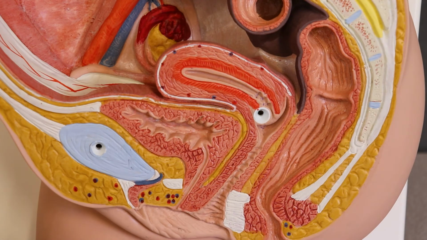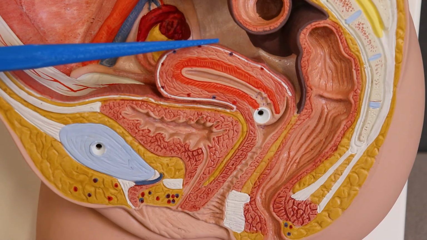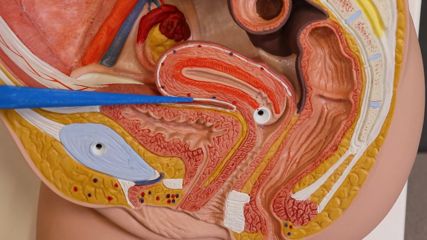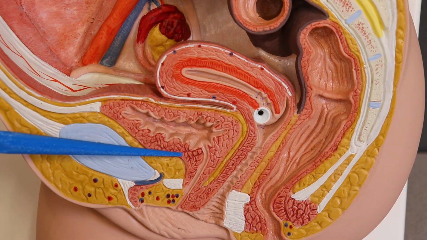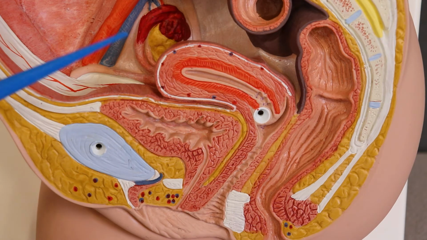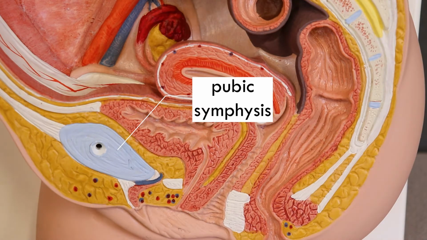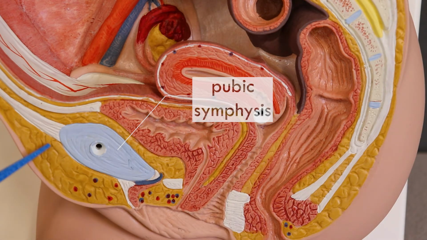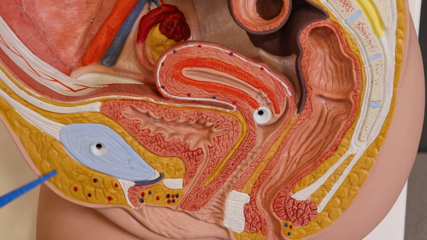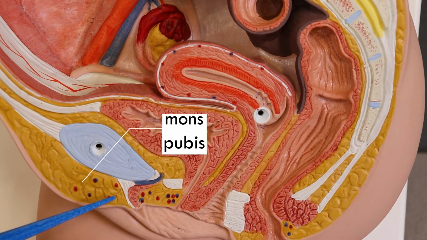This is a sagittal section of the female pelvis. So we've taken a sagittal section through the uterus, a sagittal section through the urinary bladder. So here we have the pubic symphysis. This section of adipose right here is called the mons pubis.